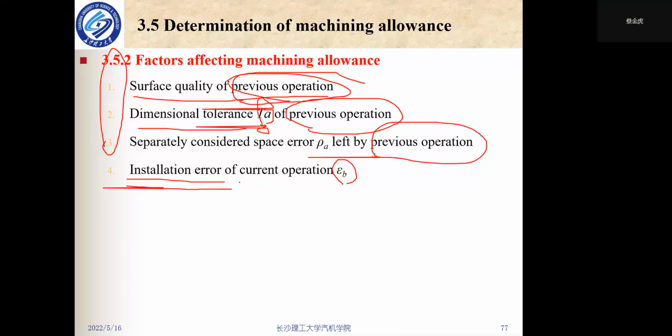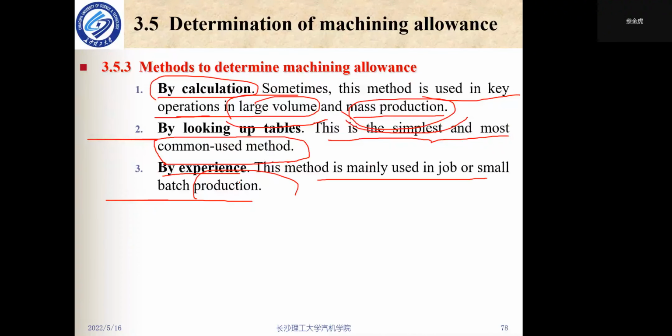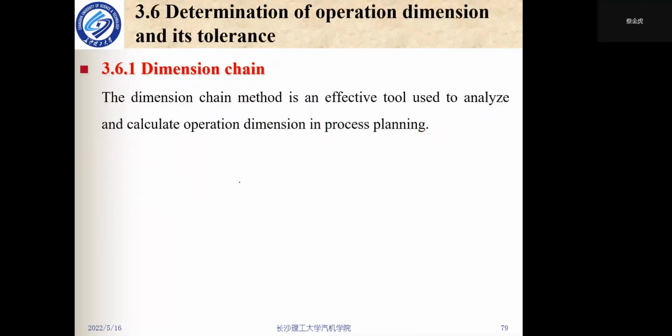And the next question is the methods to determine machining allowance. We have mentioned 3 methods. First one by calculation, second one by looking up tables, and the last one by experience. And every method has its definition.